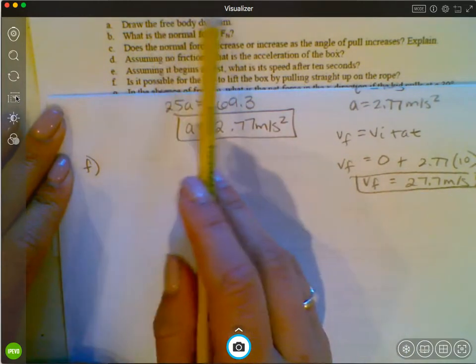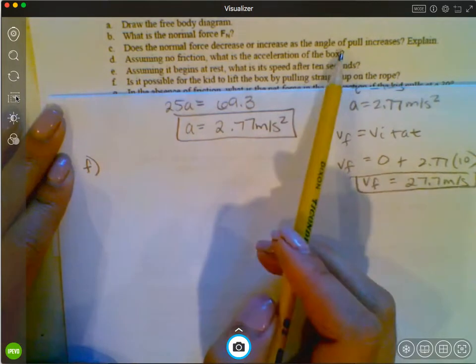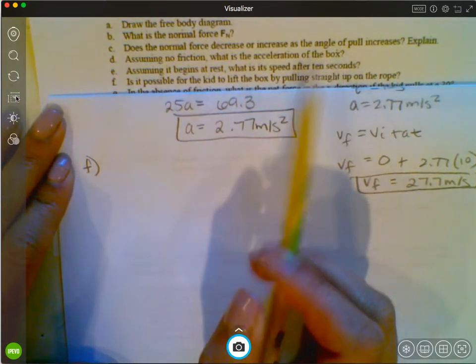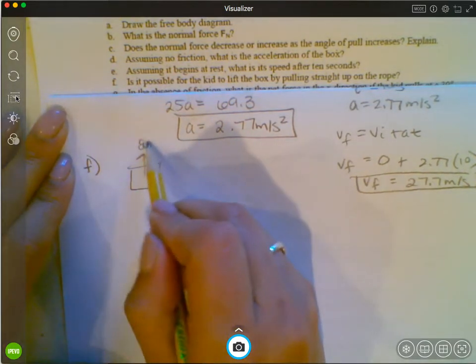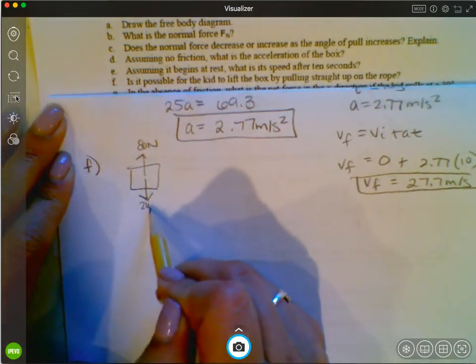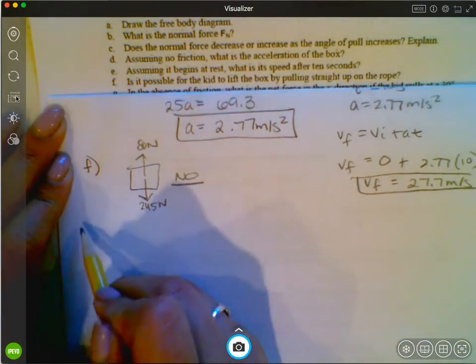Well, the maximum force the kid can apply is 80 newtons, and gravity is 245. So I'm going to say no, right? Because even if the kid pulled up with 80 newtons, gravity is 245. So there's no way that he can lift it. Okay.